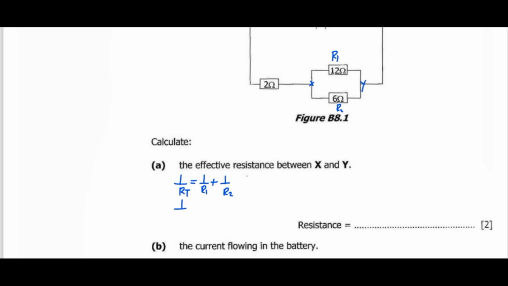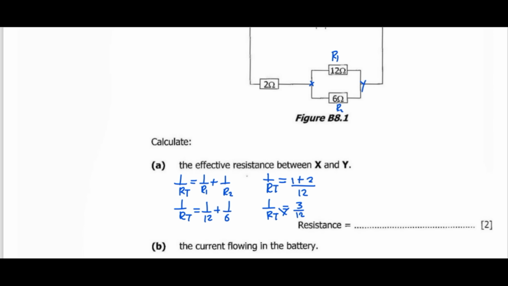So 1 over RT is 1 over 12 plus 1 over 6. What is our lowest common denominator? It is 12. 12 into 12, 1 times 1 is 1, plus 6 into 12, 2 times 1 is 2. So if we proceed, 1 plus 2 will give us 3 over 12.